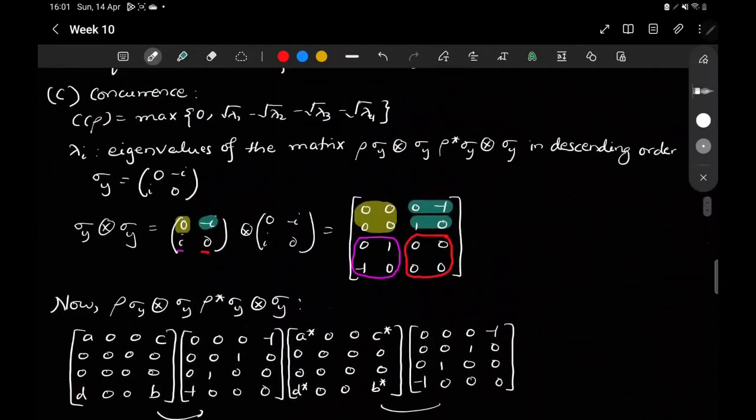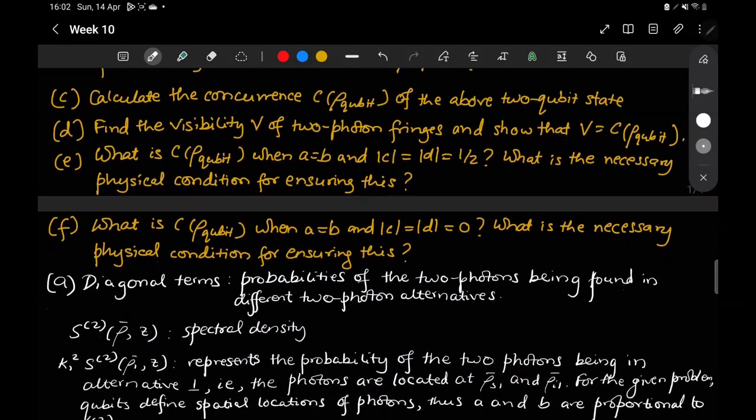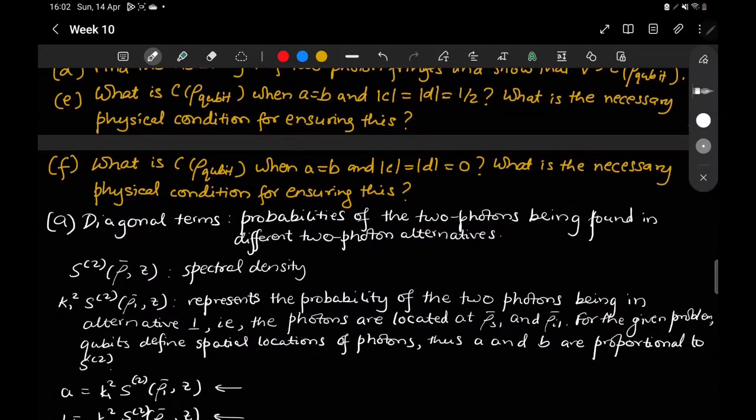Then now part F, the last part for this question. What is concurrence when A equals B and mod C equals mod D equals 0?